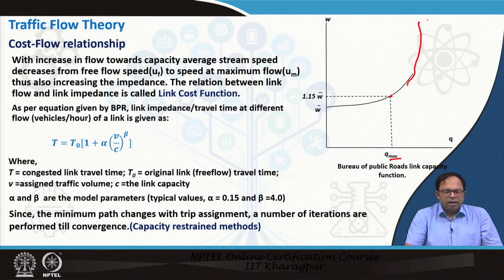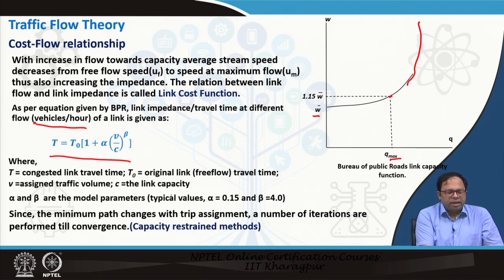And over here, in this particular equation, this W is basically the time. The general equation given by BPR, Bureau of Public Roads, gives link impedance, the travel time at different flows in vehicles per hour of a link, using this formula, where T is the congested link travel time, T0 is the original link travel time, which is the free flow time, V is the assigned traffic volume and C is the link capacity.